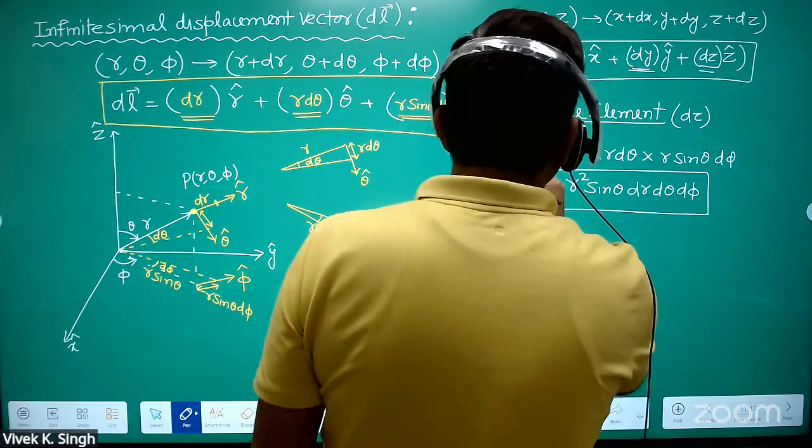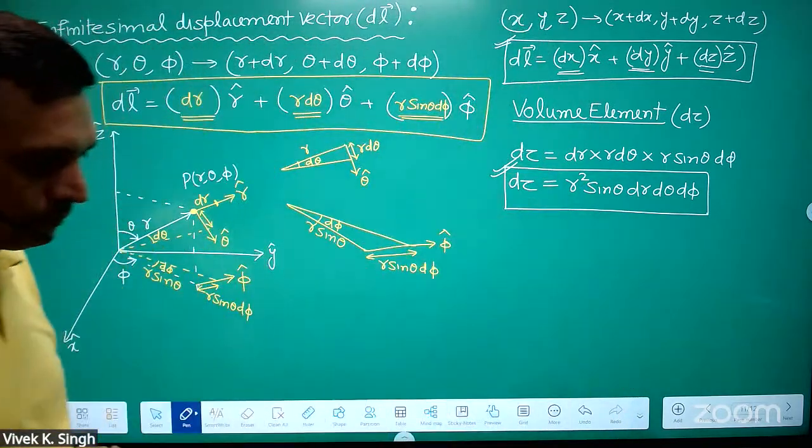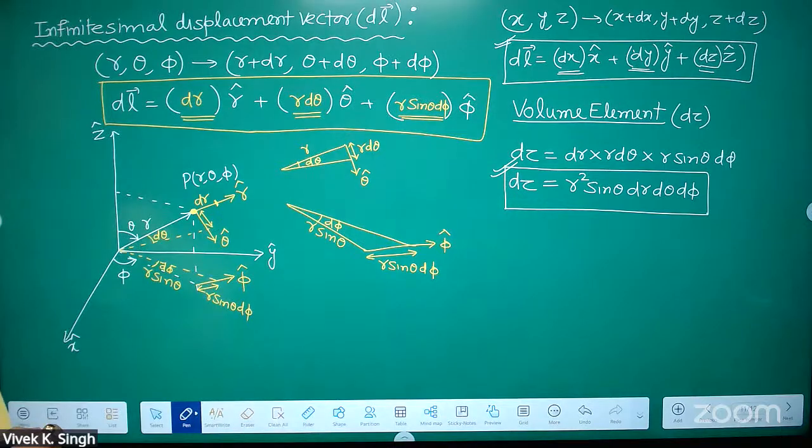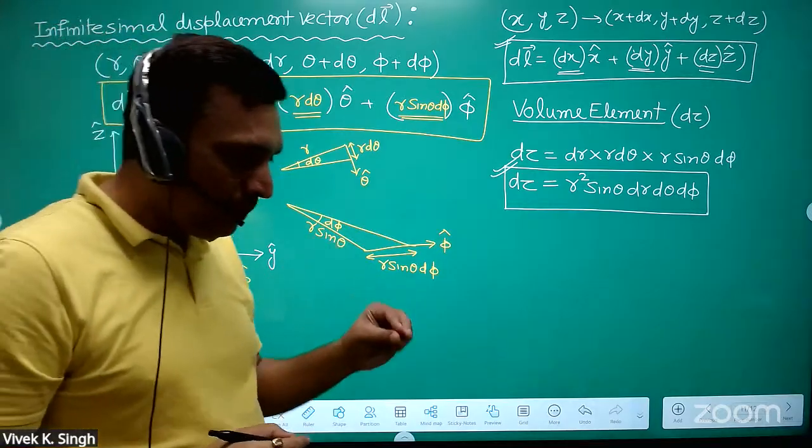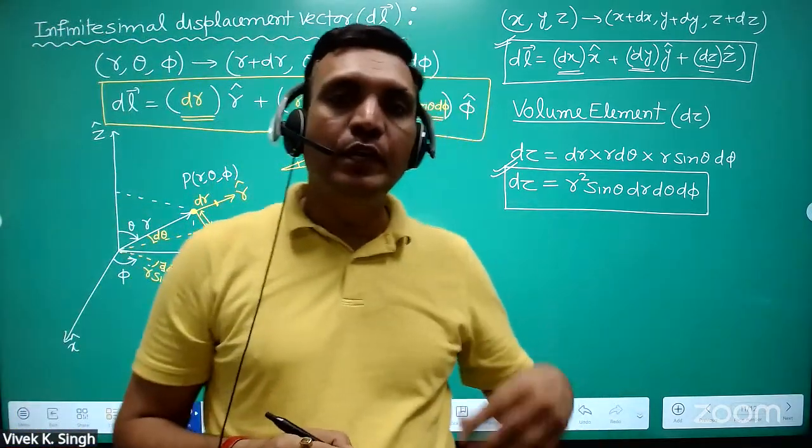Is it clear? This will be the volume element. Yes or no? Yes, sir. So you have to remember these results. What is dl, dA, d tau in different coordinate systems?